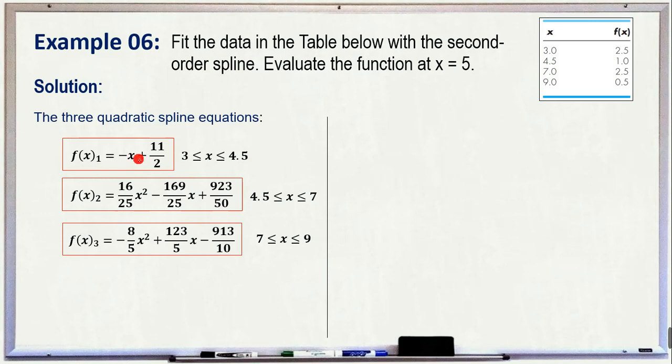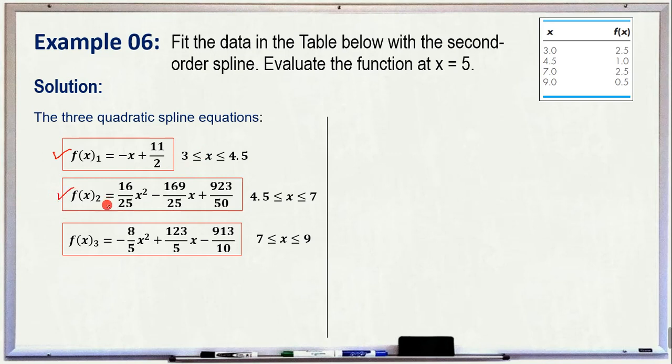It's because from our last step, we assumed that the spline that connects the first and the second data point must be a straight line. So it also conforms with the result of our first quadratic spline equation. So for our first equation, take note, this one is only valid within this given domain.